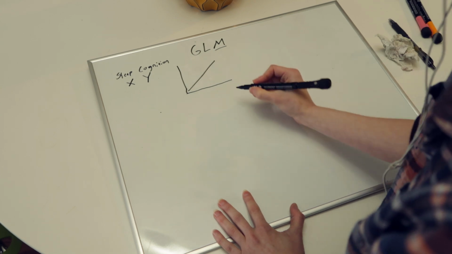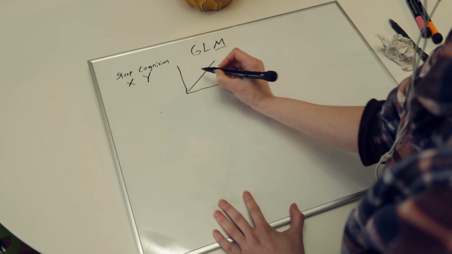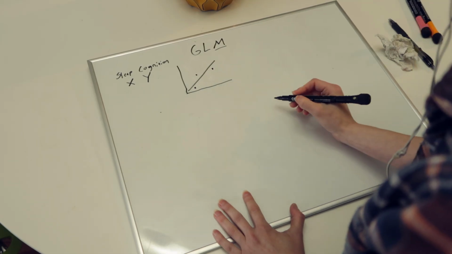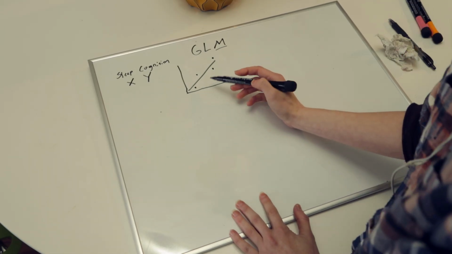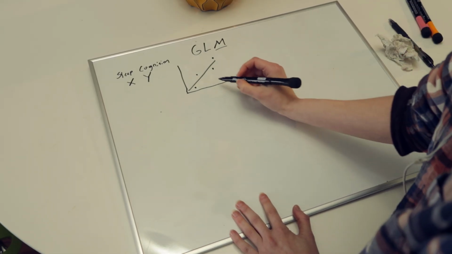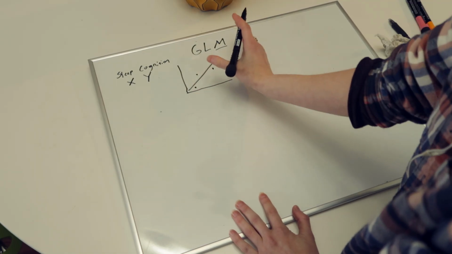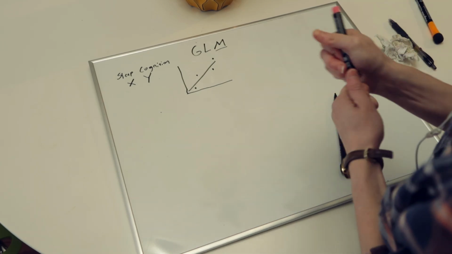Now this is the best fit line, meaning your actual data points could be like here, here, here. So they're not going to be directly on the line. It's called a line of best fit, meaning the slope of the line best reduces the error. So what's the error?